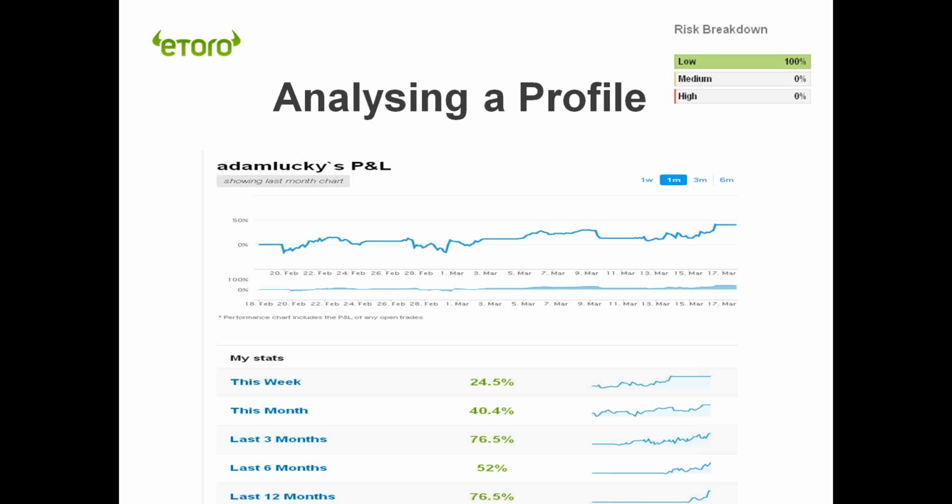It only looks like he's been on the platform for just under 6 months in this case, but fairly steady gains. And again, we have a look in the top right: low risk. 100% low risk trades. So, keeping with our theme of trying to find traders that are going to do this for you at a lower risk. As I mentioned before, you can search higher, but this is not a bad profile to have a look at.